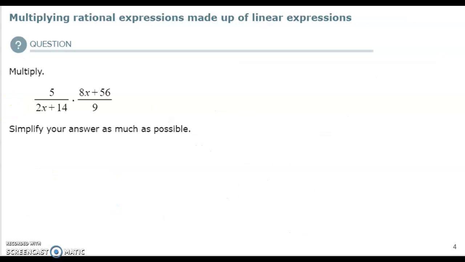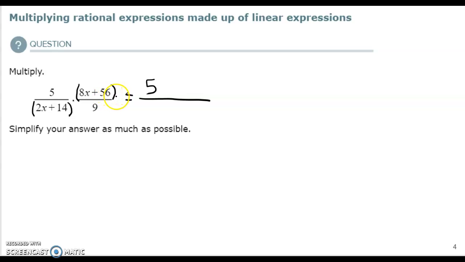So this is similar to that, where I'm multiplying rational expressions made up of linear expressions. Now I have this plus and minus. I'm going to treat this like factors or groups, and I'm going to see if I can factor the numerator any further. So I have a 5, 8x, and 56.